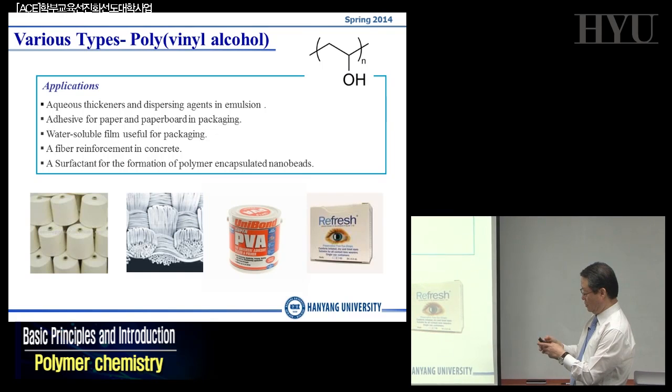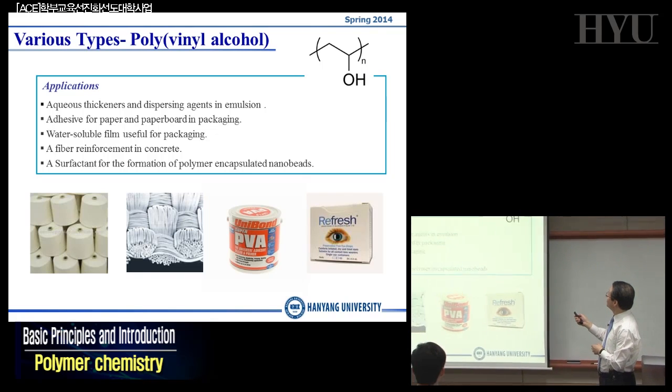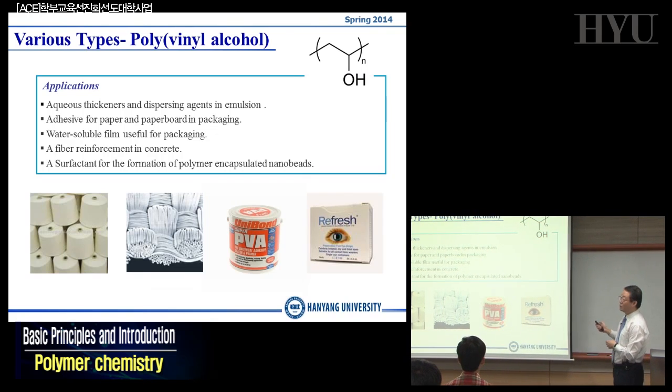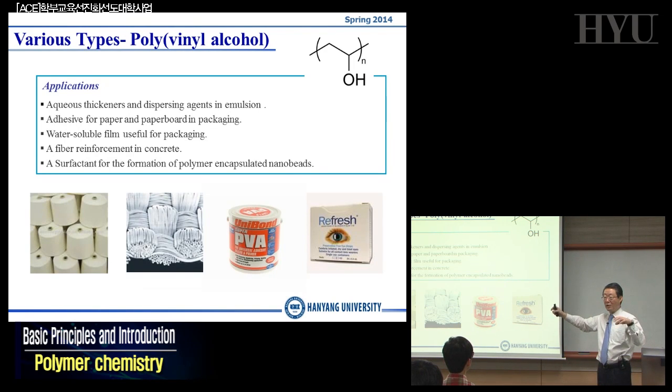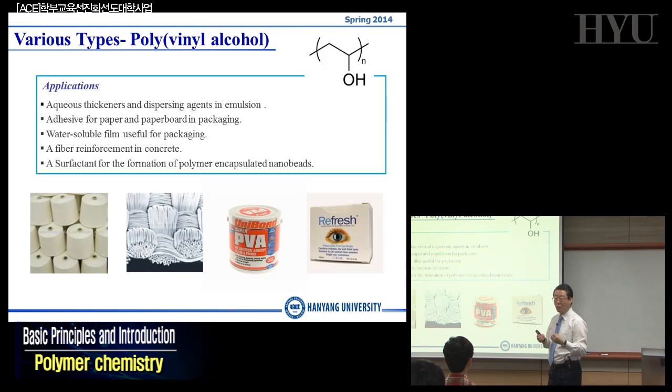This is CH2, and CH and OH. So you have a hydroxyl group in polyvinyl alcohol. If you do not have hydroxyl and just hydrogen, it's CH2 and CH2, so it's polyethylene. Polyethylene does not have any hydroxyl group, so polyethylene itself is hydrophobic.